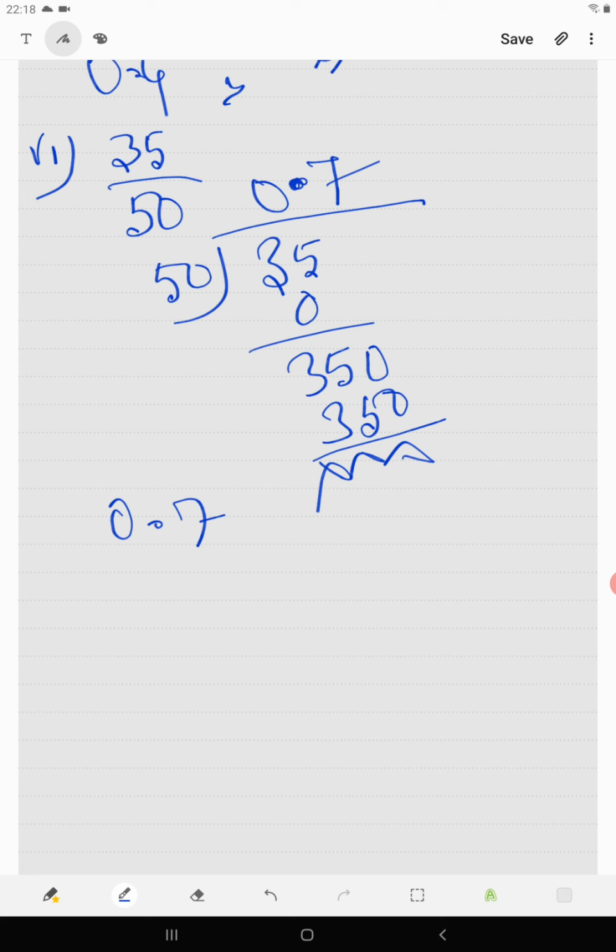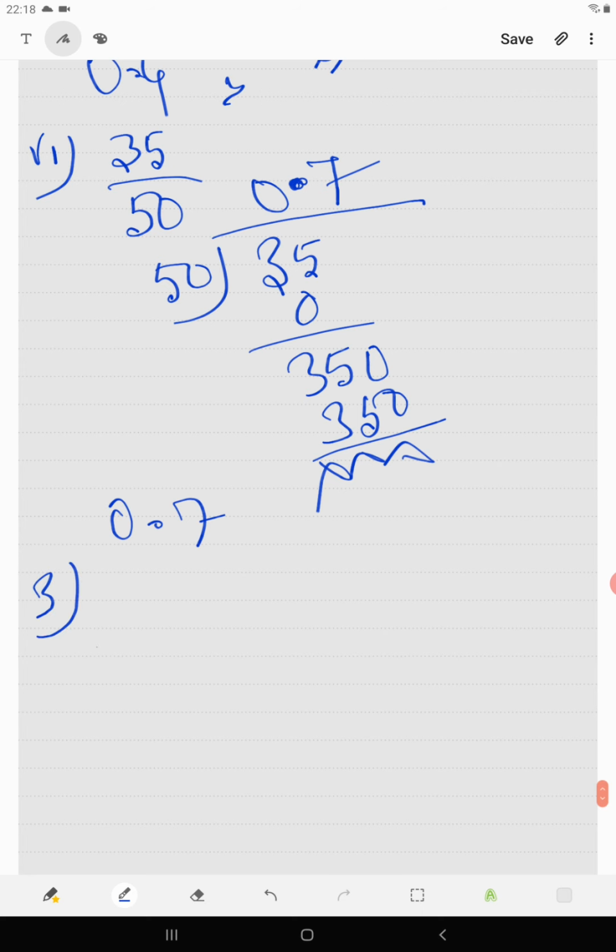Now problem 3 is: the following real numbers have decimal expansion as given below. In each case decide whether they are rational or not. If they are rational and of the form p by q, what can we say about the prime factor of q? Okay, very good. So let's do the first problem.